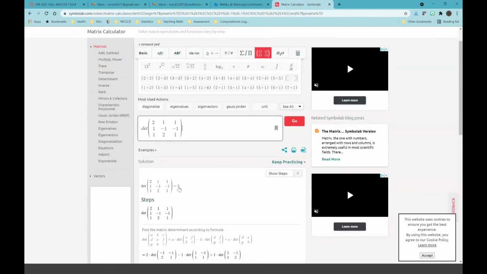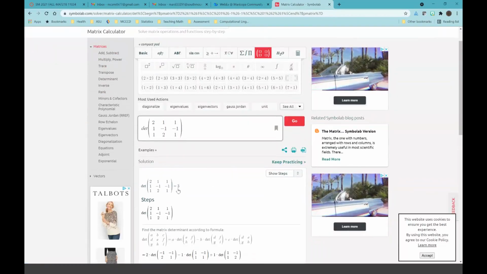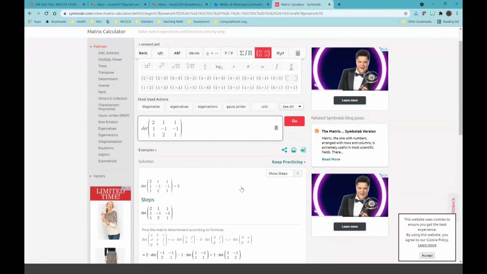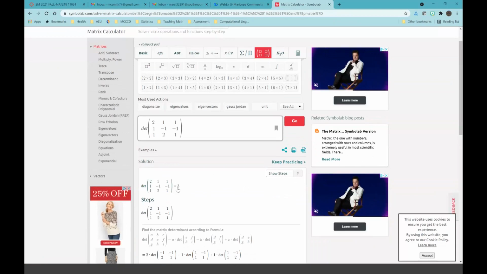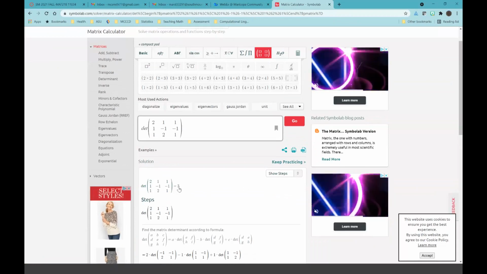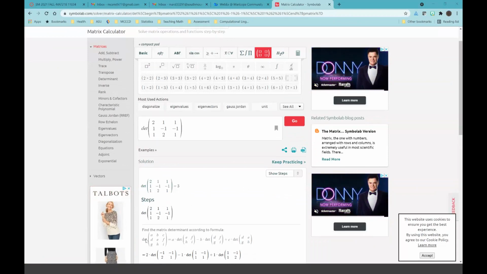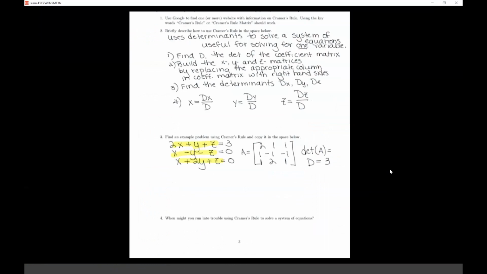So you can see I got a determinant of 3. Okay, so I'm just going to make a note of that determinant value in my notes, and kind of keep that off to the side.